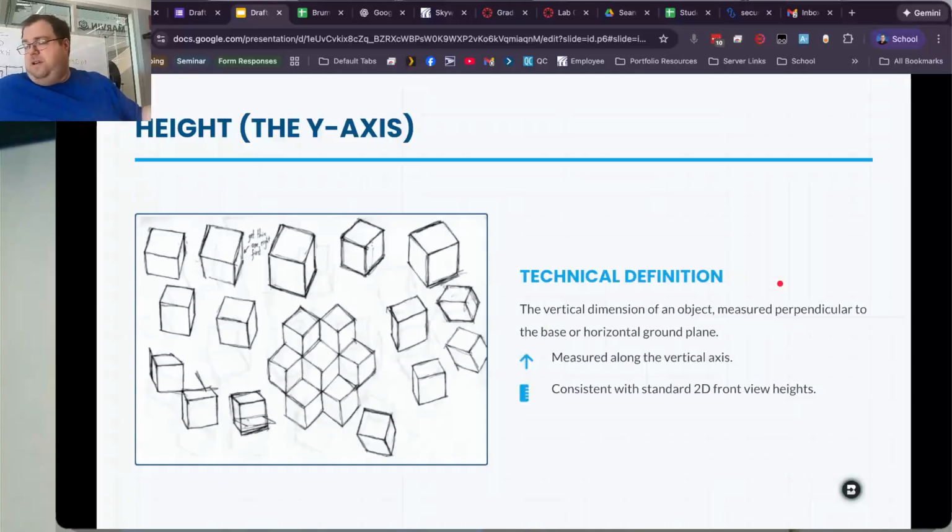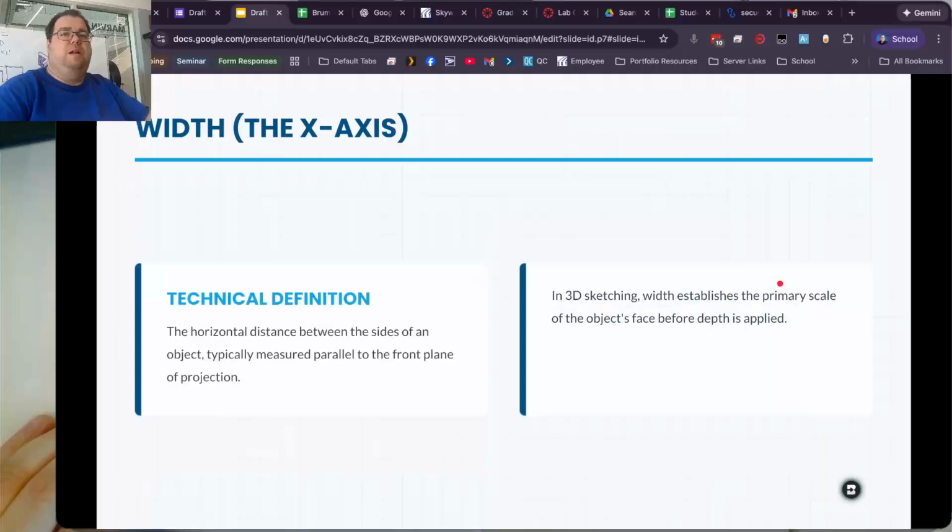We have the definition of our axes. So we have the height, which is our y-axis in terms of the drawings that we do. It's the vertical dimension of an object, so from the bottom to the top of the page. Then we have the width axis, or the x-axis, which is from the left to the right, or the right to the left, depending on which direction you're going.